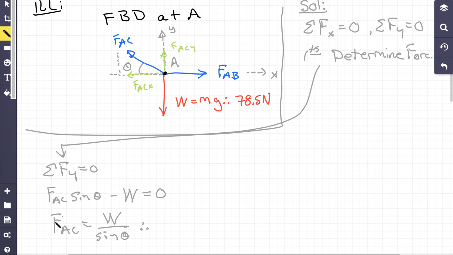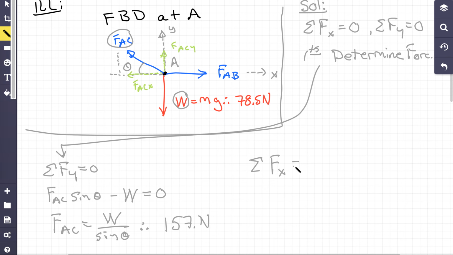That makes FAC greater than W. And if we do that, we figure out that it's equal to 157 newtons. So that's it with FAC. We can circle this. We know the weight. We just have to find FAB now. Then we're partially there. Not done with this problem, but we'll be done with part 1 in a second.